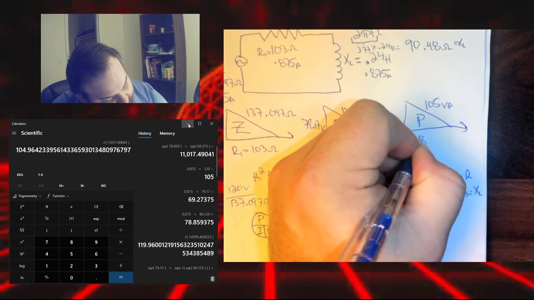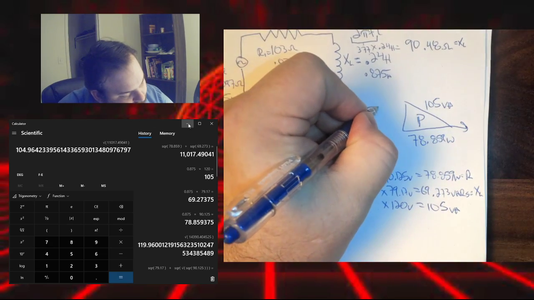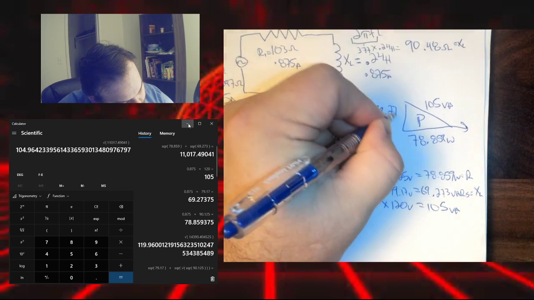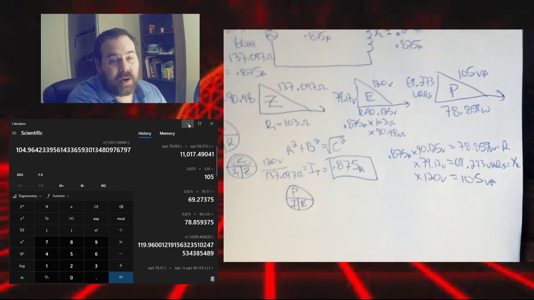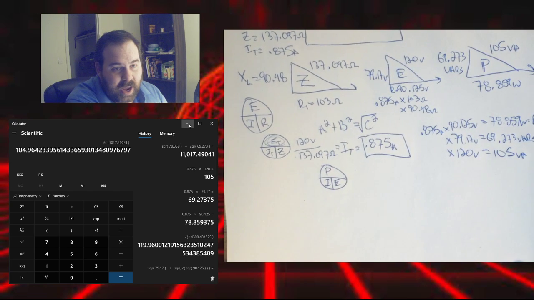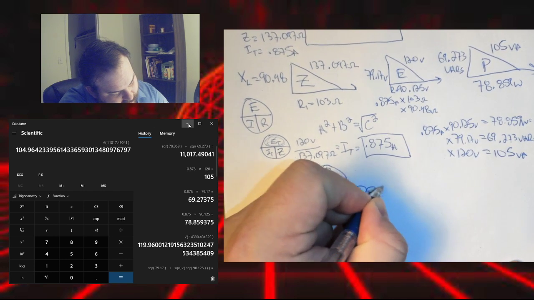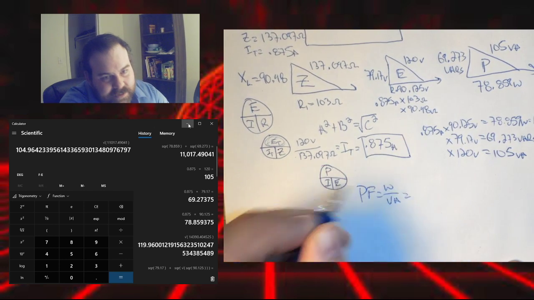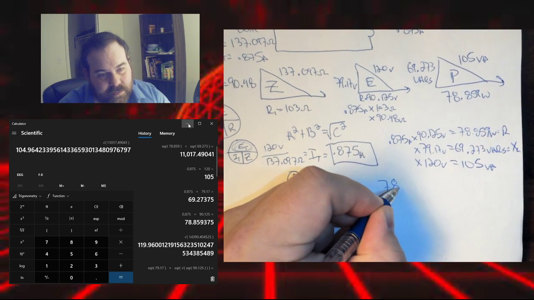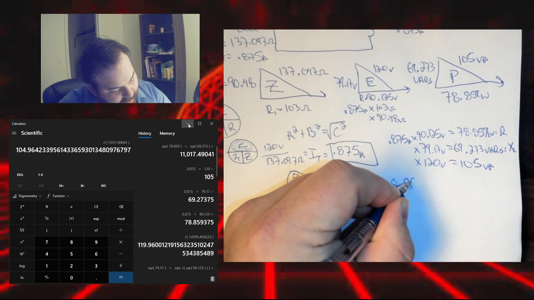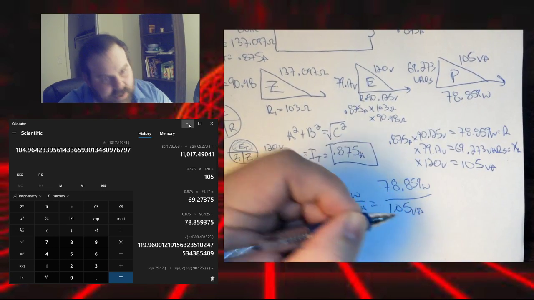We've got 78.859 watts, and we have 69.273 VARs. We want to know power factor. How efficient was this circuit? Power factor, watts over volt amps. So we're going to go 78.859 watts over 105 volt amps.